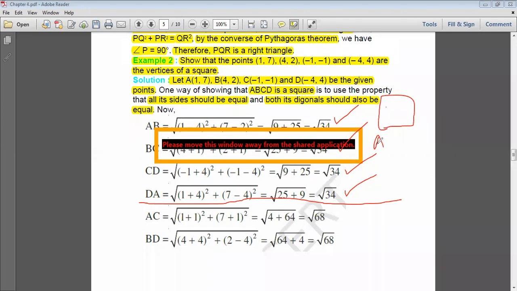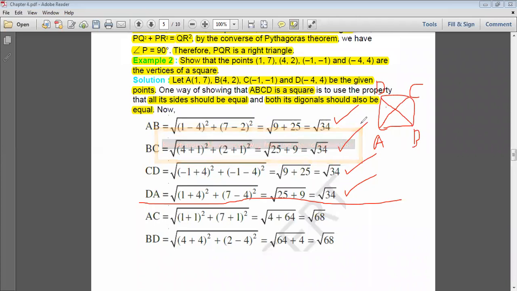See, if we are naming it as A, B, C, D, then the diagonals are AC as well as BD. So we are doing it as AC.